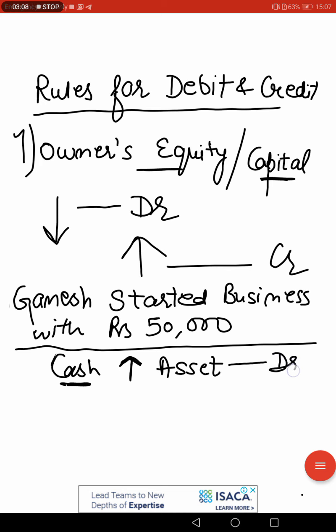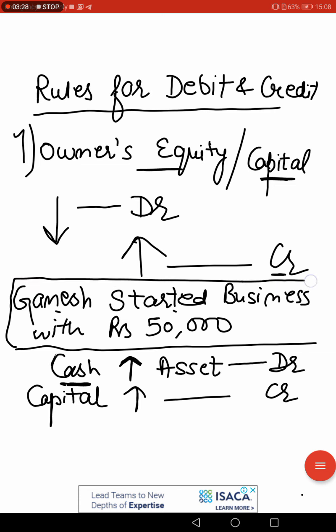debit the account. Second, Ganesh started the business, so he will bring the capital. And for the capital, if there is an increase in the capital, we will credit the account. It means for this particular transaction, we will debit the cash account and credit the capital account.